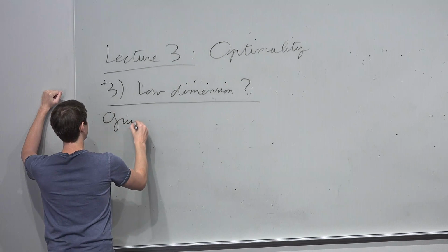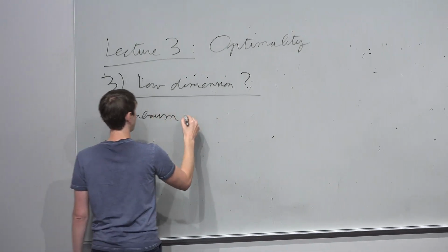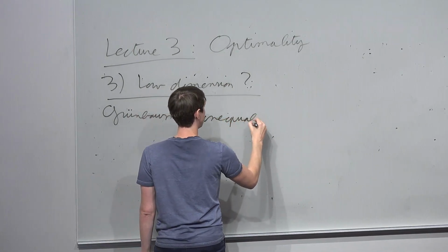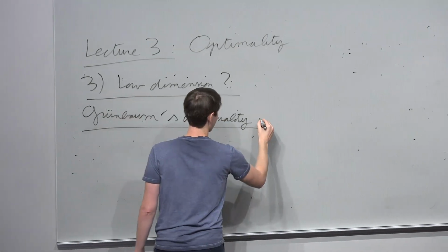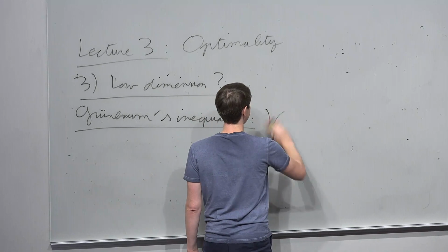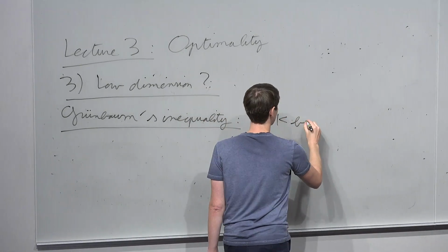Grunbaum's inequality, from the 50s, goes like this. Let K be a convex body.